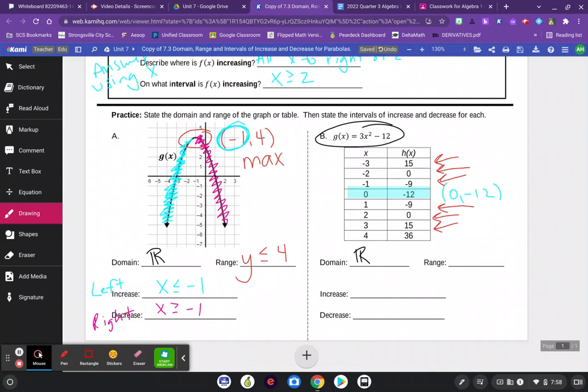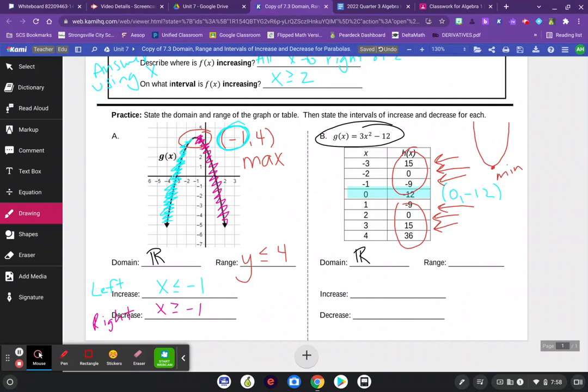The other thing that I notice is that these y values are getting bigger on either side. In other words, if I were to graph (0, -12), my y values on either side are getting larger, which means that I have a minimum. So a little bit of thinking to do here.